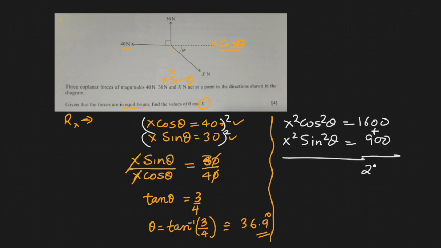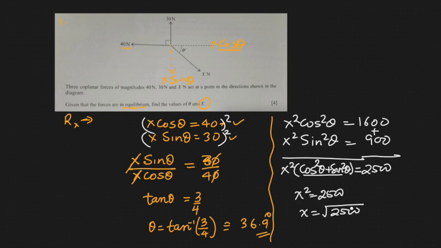The right side becomes 2500, and on the left we take x square common, and cos square theta plus sine square theta is inside the bracket, which is 1. Cos square plus sine square is 1. So x square equals 2500. x will be the square root of 2500, which is 50 Newton.